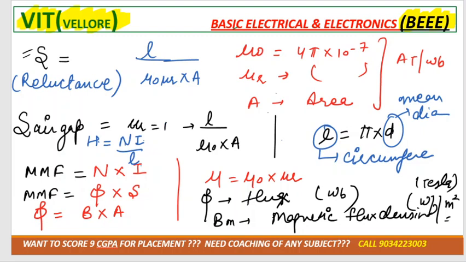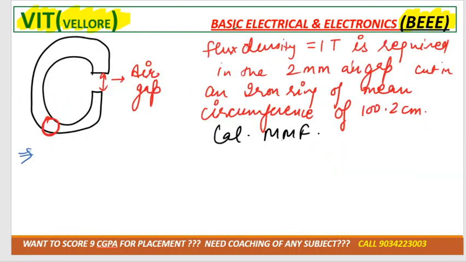I try to write down all the formulas in a single place. See, I'll tell you. In this case, calculate the flux phi, the flux density, and the reluctance.